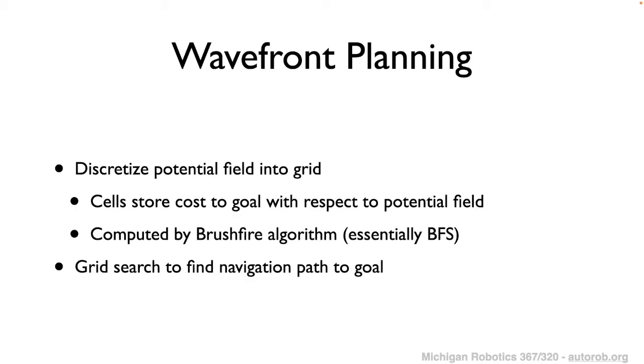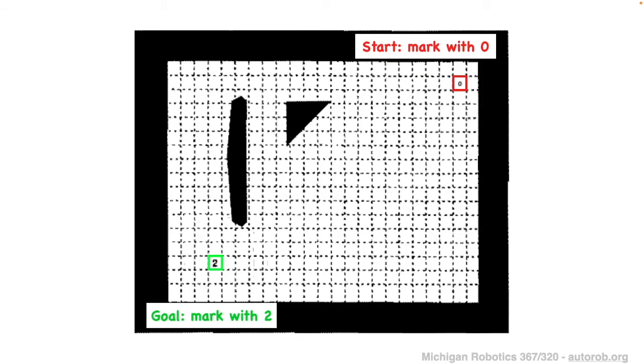Once we've created this potential field grid, we can treat it as grid search or graph search to find the final navigation plan from the start configuration to the goal configuration. So let's look at an example of how this can work.